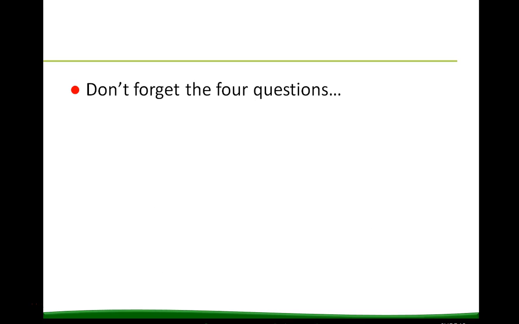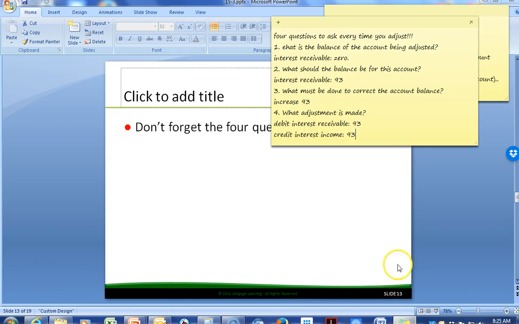And don't forget the 4 questions. I still have this one up from last lesson. All right. What is the balance of the account being adjusted? Accumulated depreciation, office equipment. It was $6,189.